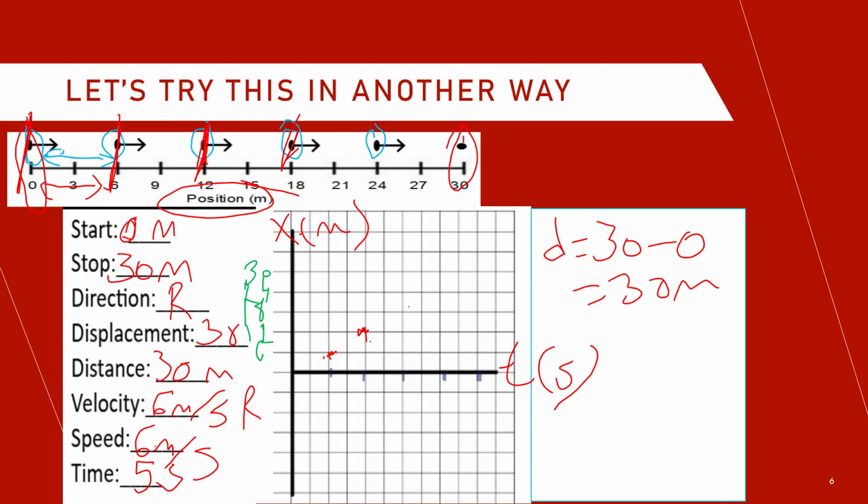In the third second, we move to 18. In the fourth one, we move from 18 to 24. And then from 24 to 30. Okay, so we can go ahead and connect those.